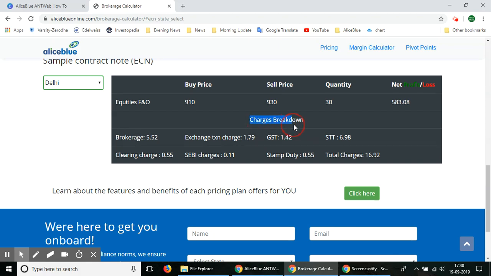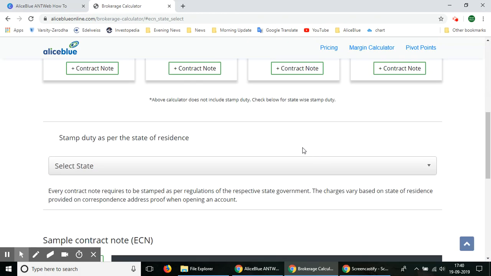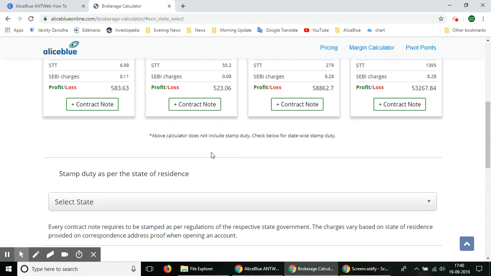So with the charges breakdown, we can see how much brokerage was calculated. So that is 5.52 rupees, exchange transaction tax 1.79, the GST, the STT, the clearing charges, SEBI charges, stamp duty, and overall the total charges.